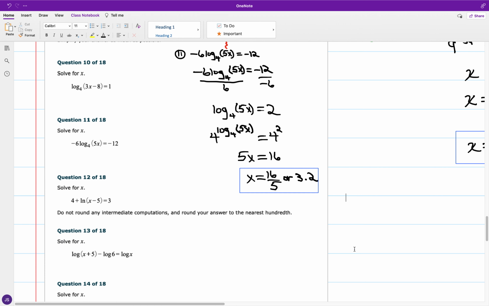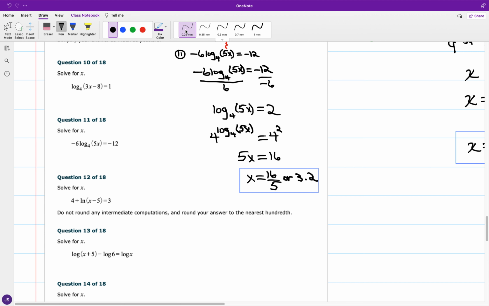Okay, now for what we have in the case of number 12, okay, so we got an equation.